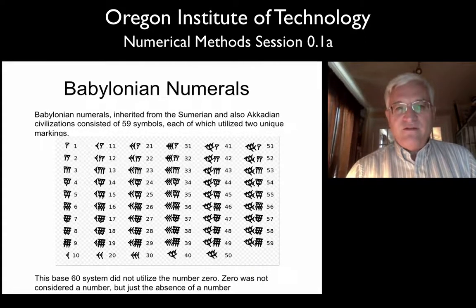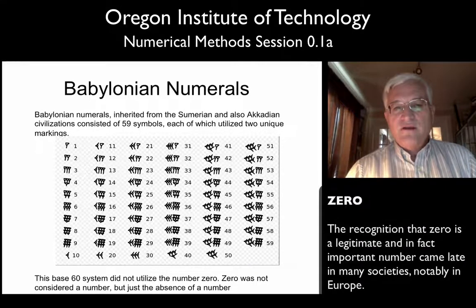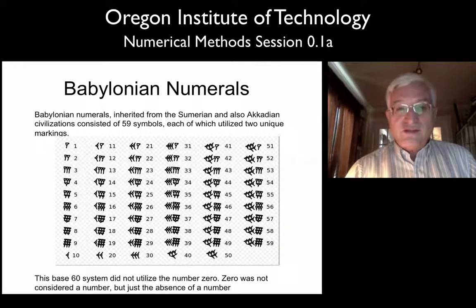They didn't have a concept for 0 being an actual number. They understood nothingness or absence of something, but they didn't view it as a mathematical tool that needed to have a symbol associated with it, which gave them a little bit of problems. In particular, even though they learned how to add and subtract and multiply using these numbers, they couldn't come up with a notion for long division, which may be why they created the base 60 system to begin with, because it breaks so neatly into various groups.